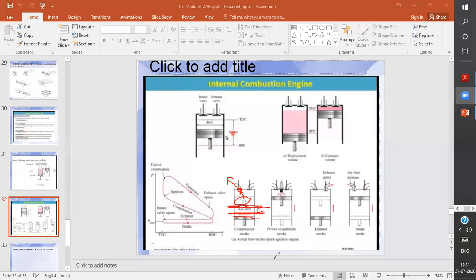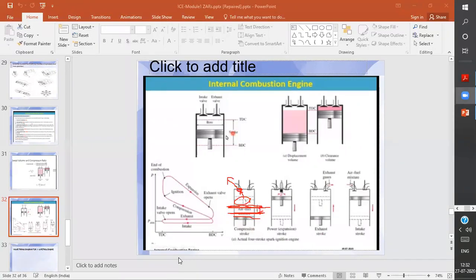I am talking about degrees of crankshaft rotation. In a 4-stroke engine, these are the 4 strokes, and a cycle gets completed in 720 degrees of crankshaft rotation.